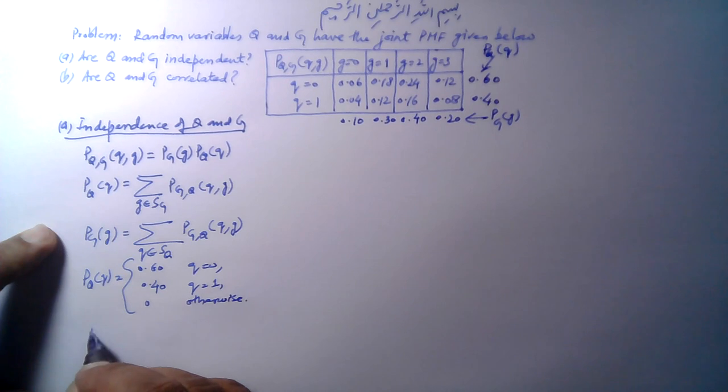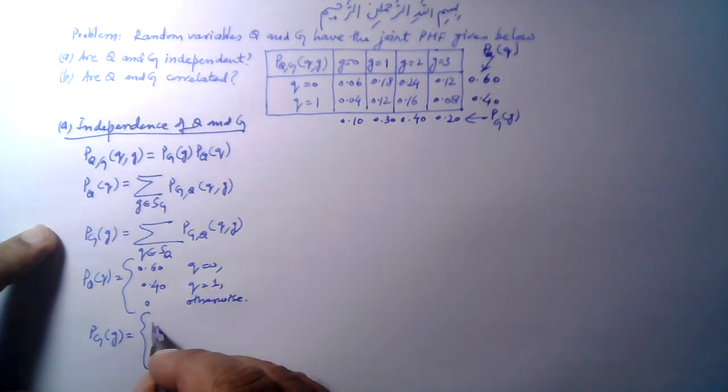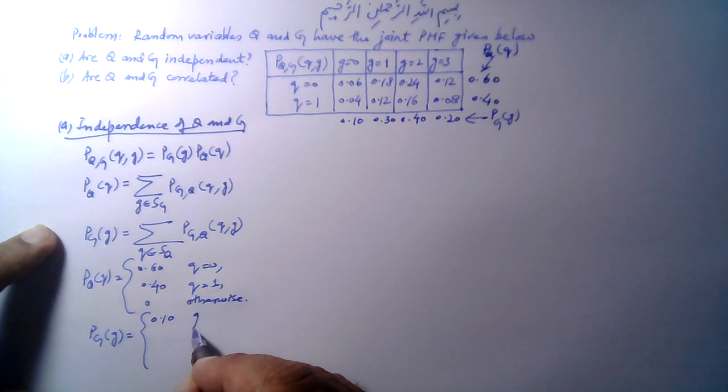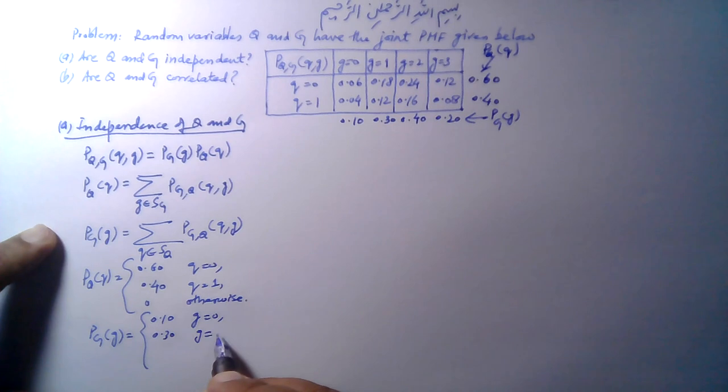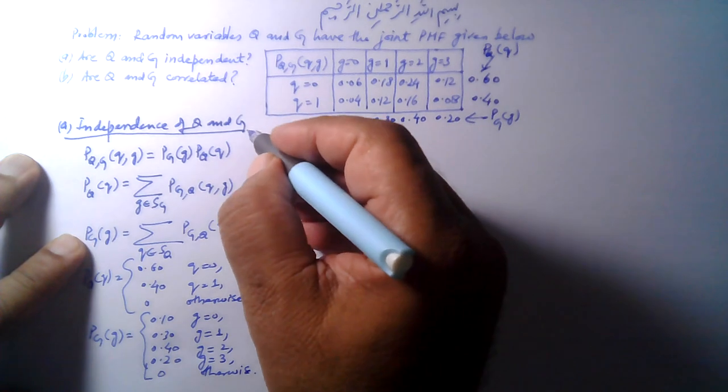Similarly, for random variable G, we have 0.10 corresponding to G is equal to 0. We have 0.30 corresponding to G is equal to 1, 0.40 corresponding to G is equal to 2, and 0.20 when G is equal to 3, and this is 0 otherwise.